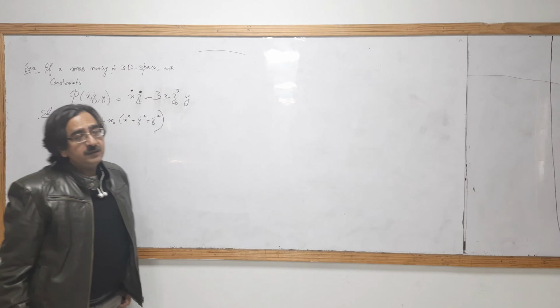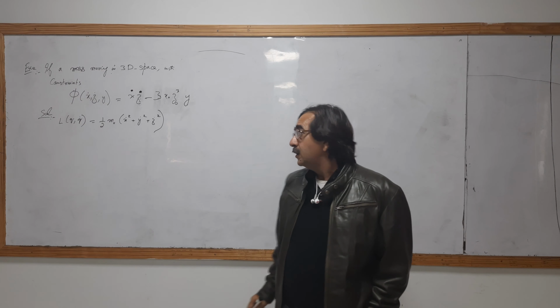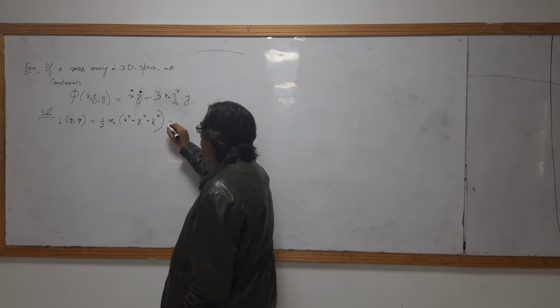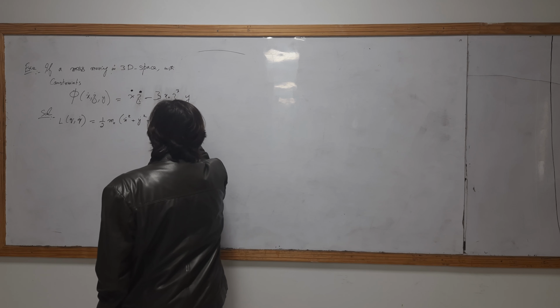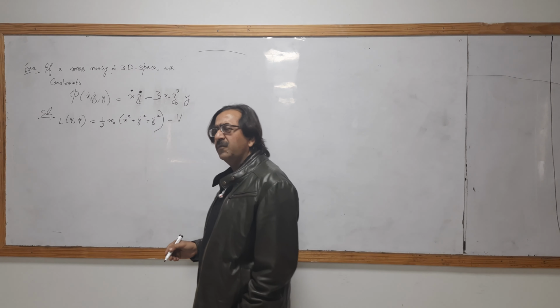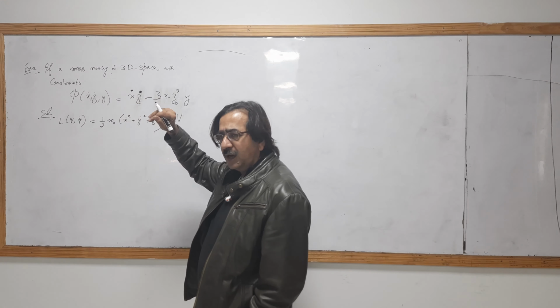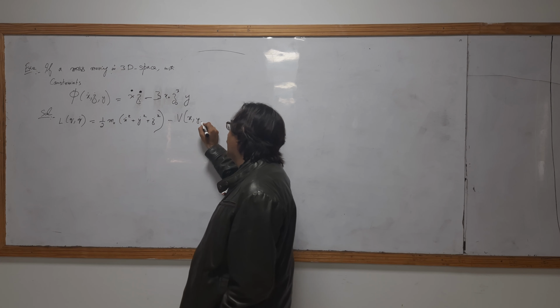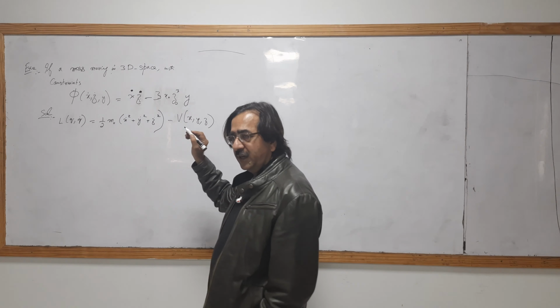This is kinetic energy. And minus potential, if I write in the form of V, because I am already using phi. So potential is a function of x, y and z, because it is moving in a three-dimensional space.